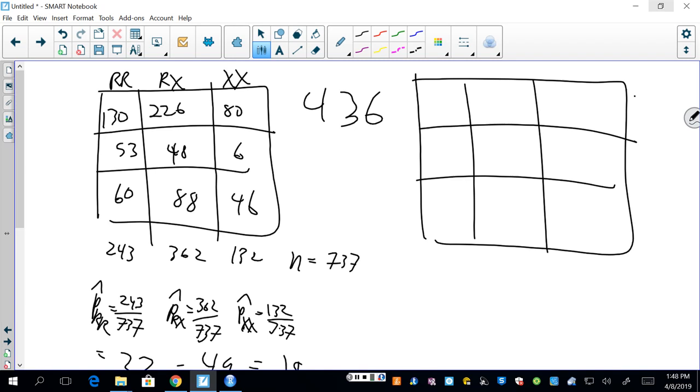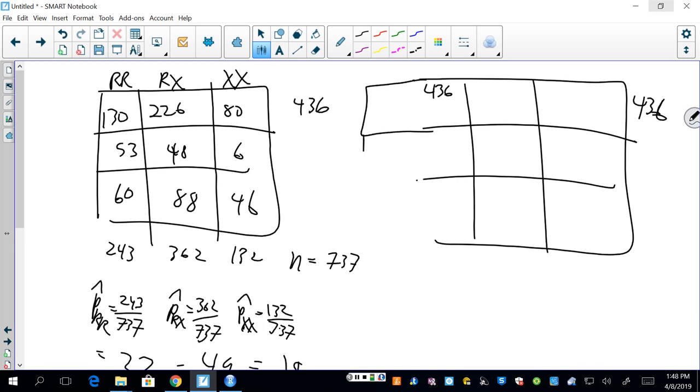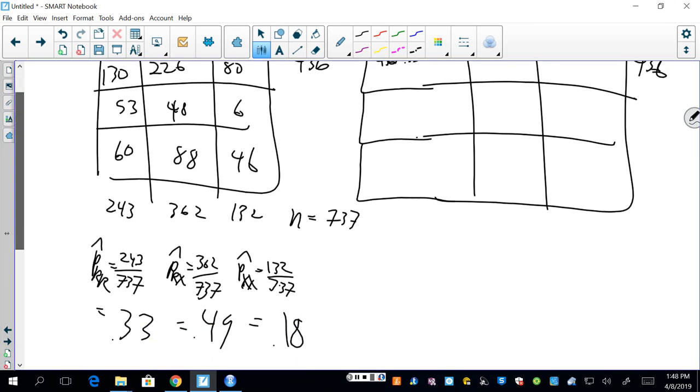So if there's 436 over here, we take the 436 times the 0.33 from this. Right? Overall, it's 33%.